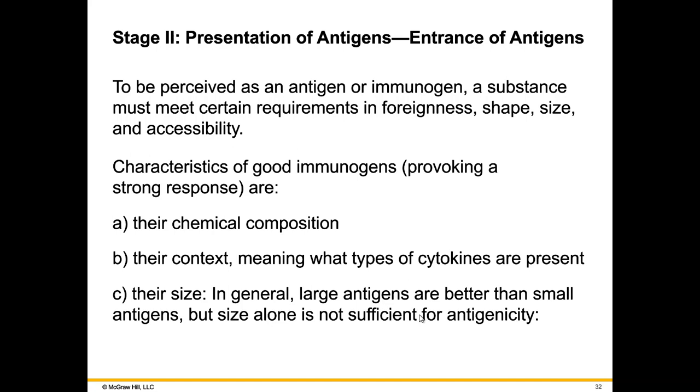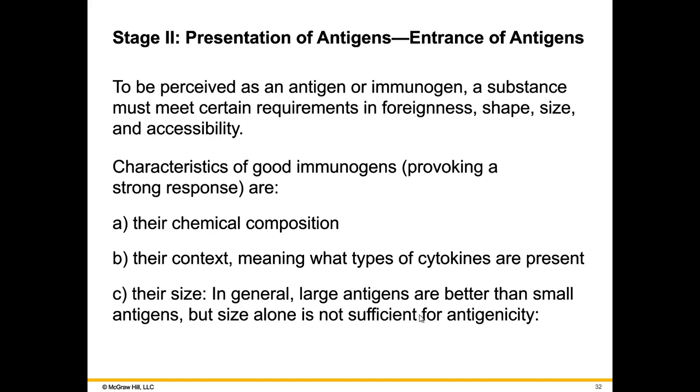So in order to be perceived as an immunogen, something we should attack, it has to meet certain requirements though. It has to be foreign, it has to have a shape, a size, and accessibility. So some good characteristics of immunogens that provoke strong immune responses are a complex composition.